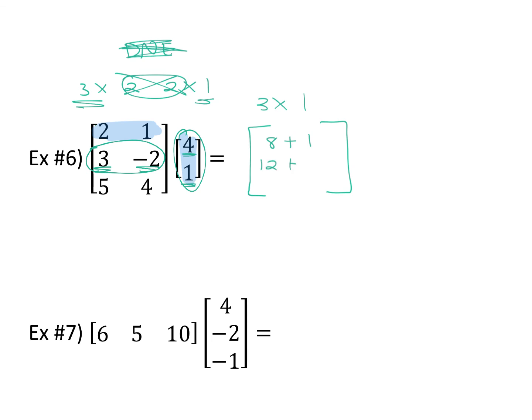Negative 2 times 1 is negative 2. And then last row and that same column, 5 times 4 is 20. And then 4 times 1 is 4. So simplify that. You get 8 plus 1 is 9. 12 plus negative 2 is 10. And 20 plus 4 is 24. Okay? Okay, last one here.